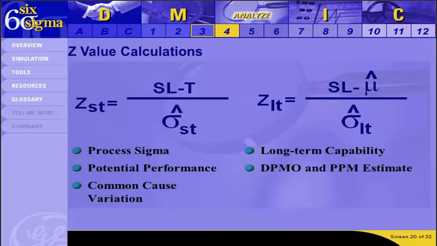This value is used to estimate the long-term process DPMO, or the PPM as shown in the Six Sigma process report. It reflects the influence of special cause variation, dynamic non-random process centering error, and any static offset present in the process mean. From this perspective, it considers all of the vital few sources of process error.